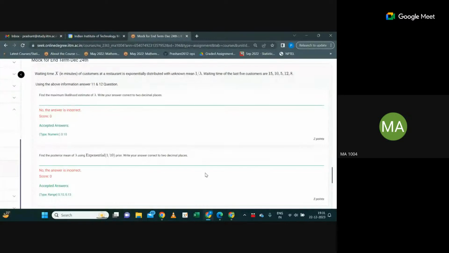I'm not going to consider my parameter as a constant. As per the Bayesian approach, there will be some prior information for my parameter. It can be any distribution, uniform, Bernoulli, beta, exponential, anything, but that prior information will be given to us. Now, the prior for lambda is exponential 1 by 10.